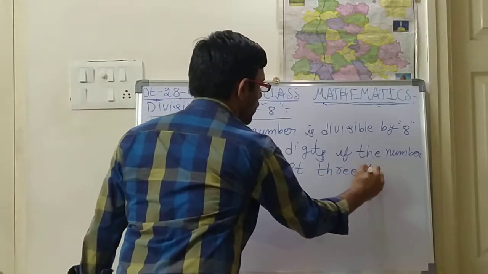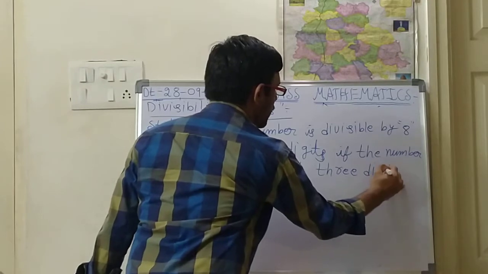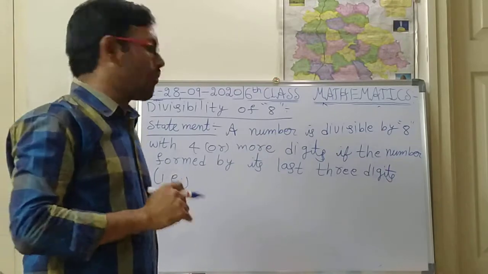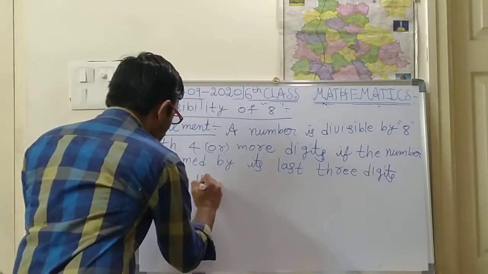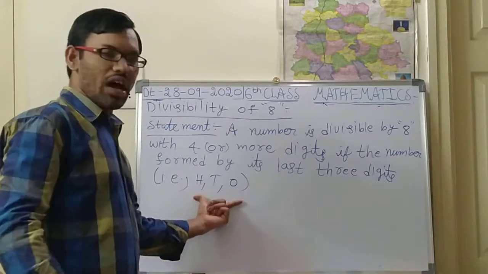children, okay, last 3 digits. What are the last 3 digits of our number? That is hundreds, tens and ones. So these 3 are the last 3 digits.